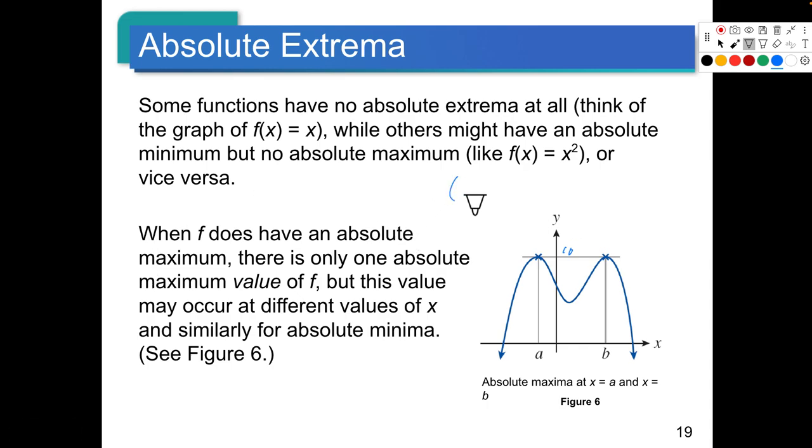So that would be point A, 10, and point B, 10. So there's 2 points that are absolute maximums, but there's only one absolute maximum value. That's the important concept: if you have an absolute maximum, there's only going to be one value. Could be 2 places it occurs, but only one value.